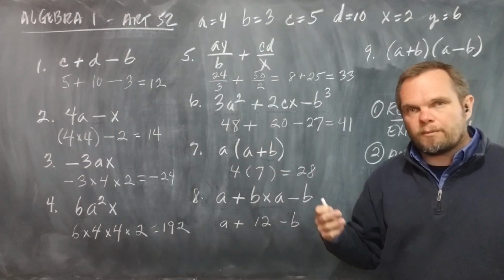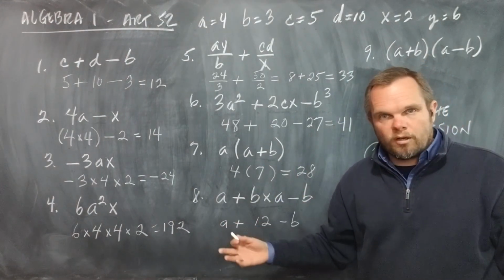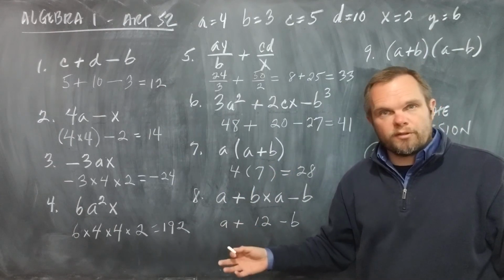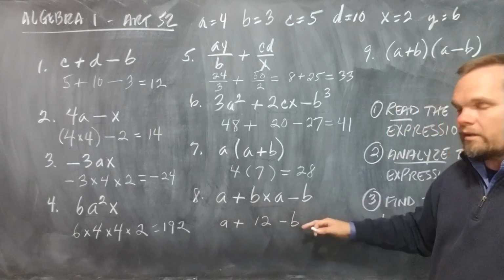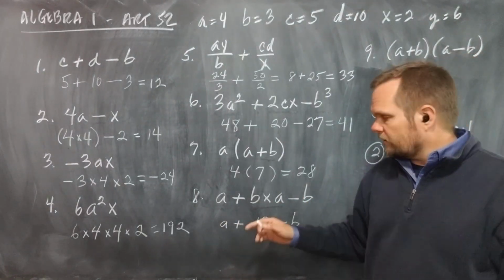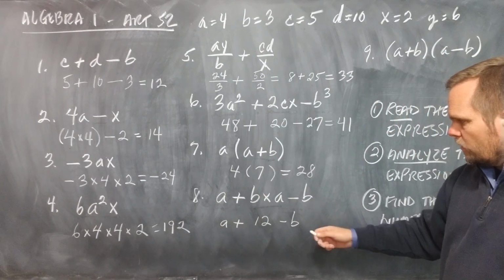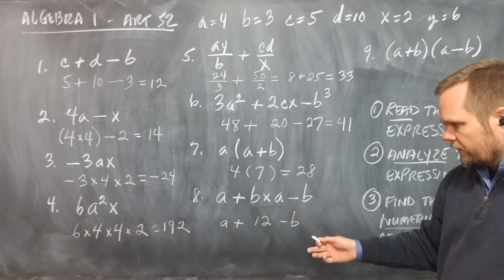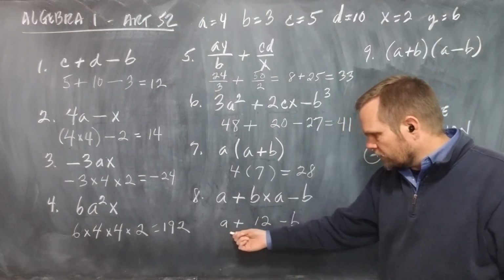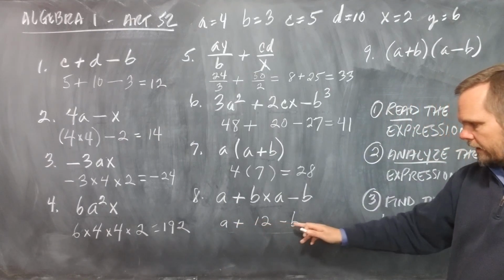We didn't need to memorize any special rules or any fancy songs to help us know what to do first and second and so on. We simply needed to know what a term is and then see that there are 3 terms in this expression. We then found the value of this second term first. And now we have a simpler trinomial, a plus 12 minus b.